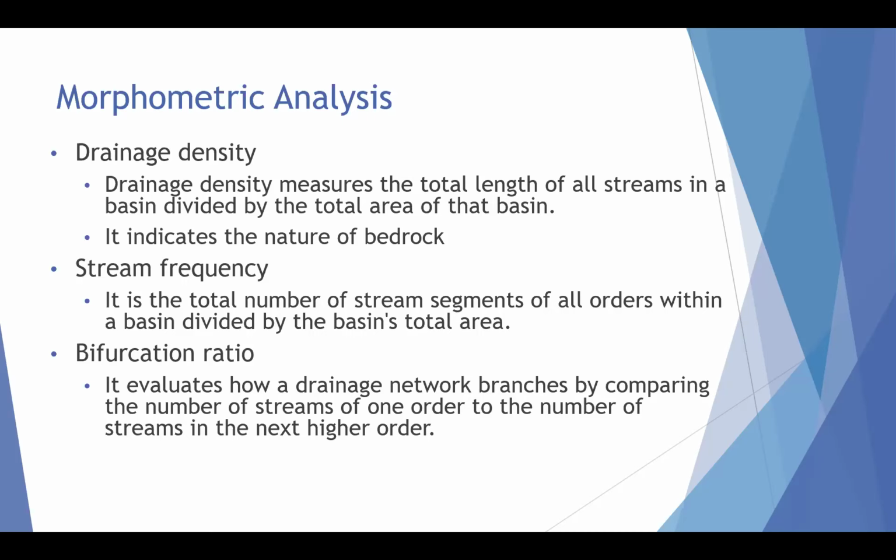Then you have the bifurcation ratio, which also gives you a basic understanding of the flow in these drainages. It evaluates how the drainage network branches by comparing the number of streams of one order to the number of streams in the next higher order.